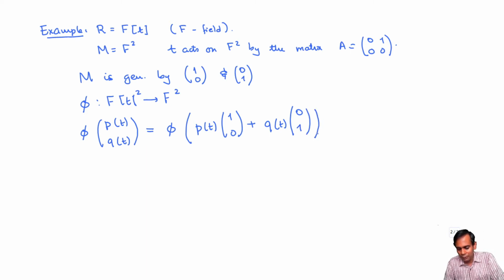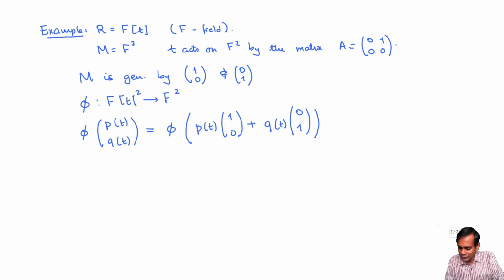And as per our prescription for writing finitely generated R modules as quotients of R to the n, we must take this (1, 0) to the first generator and (0, 1) to the second generator.